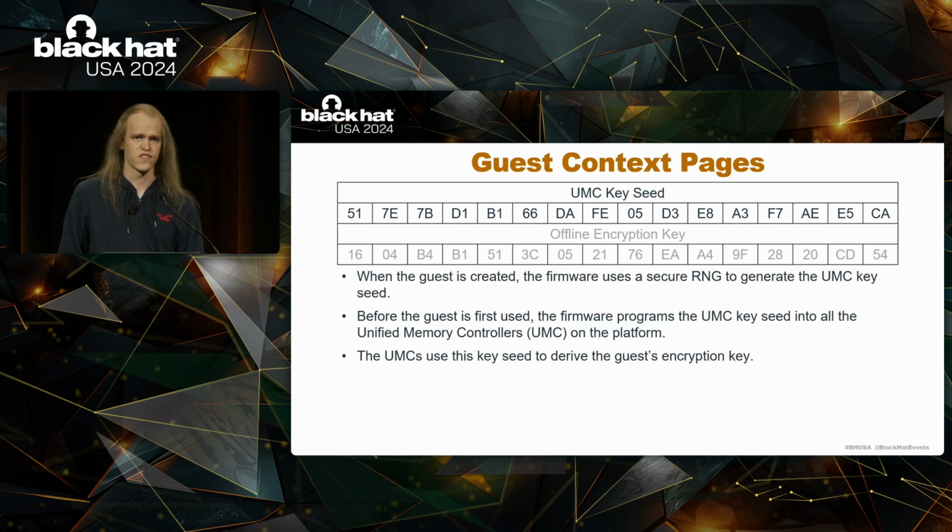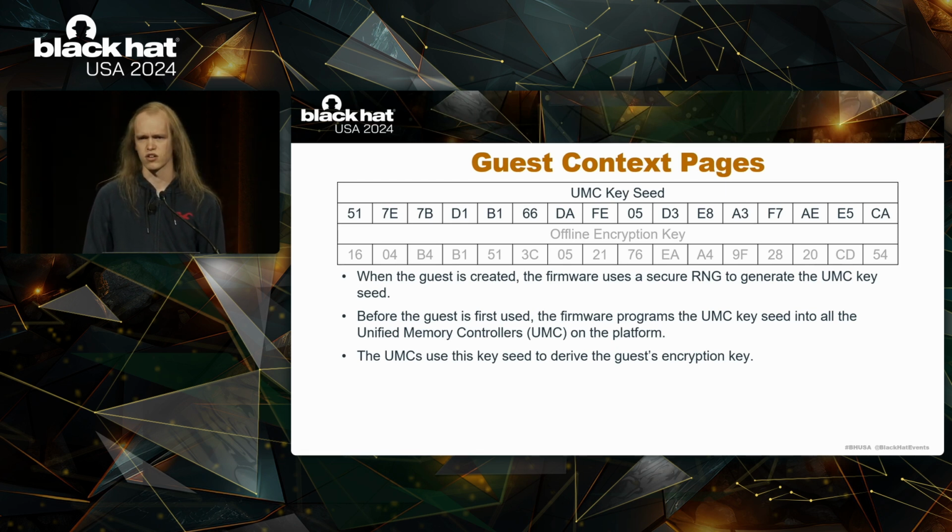UMC stands for Unified Memory Controller, and basically when the firmware launches the guest, it randomly populates this UMC key seed with random values. Later, during the boot stages, the firmware then uses this key seed to tell the memory controllers, the unified memory controllers, about this key, and then the memory controllers will use this key seed to deterministically derive the encryption key that's used by the guest.